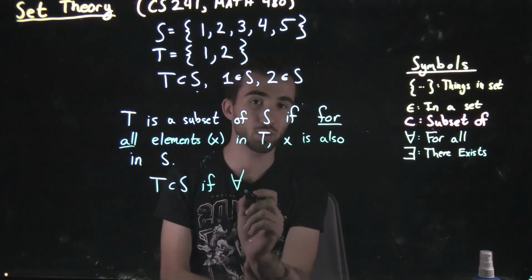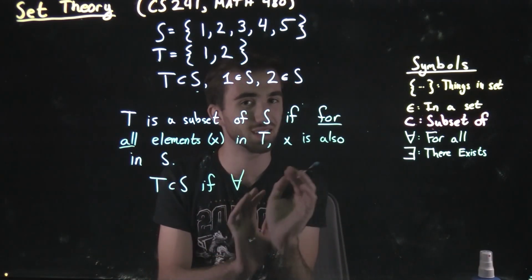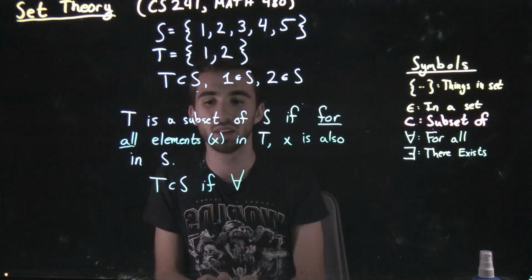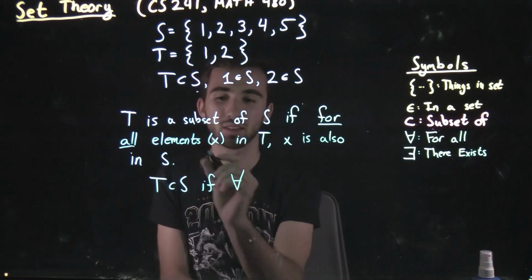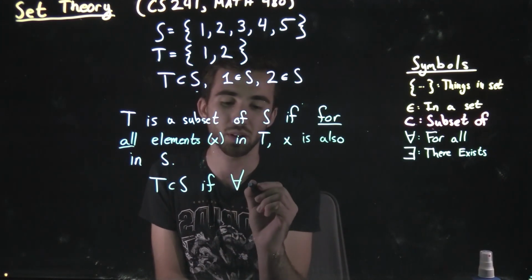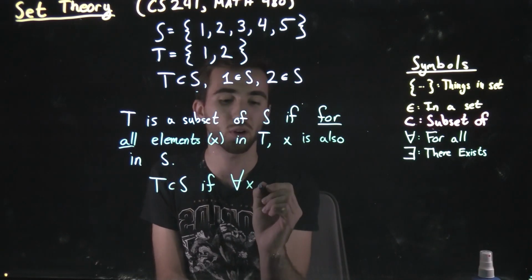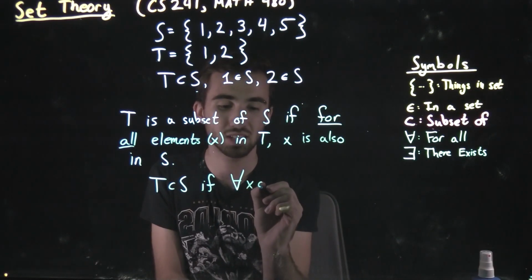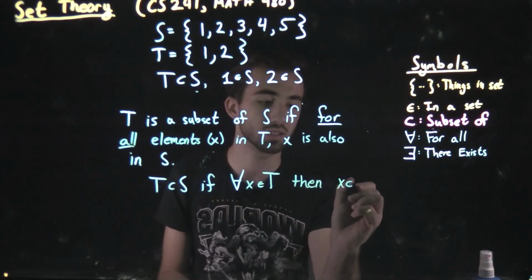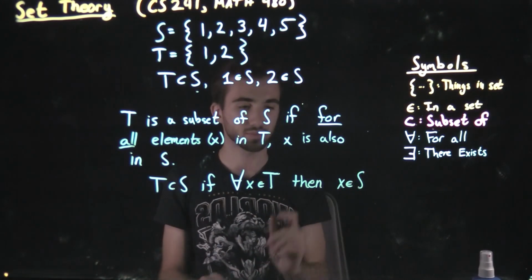A lot of people get scared when they see this, but it's just like English words, so you don't have to write it all out. For all elements, and I gave it a variable name, just so we don't have to write elements. So for all X in T, then X is also in S.